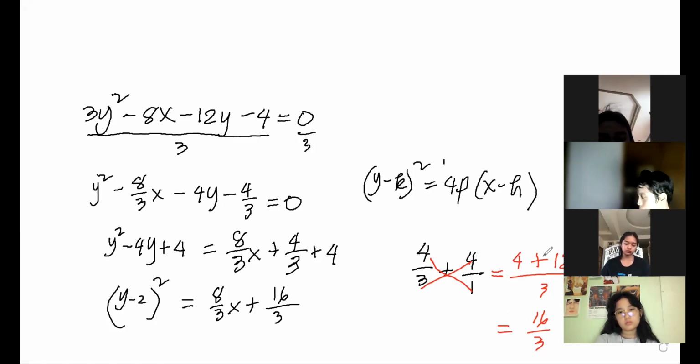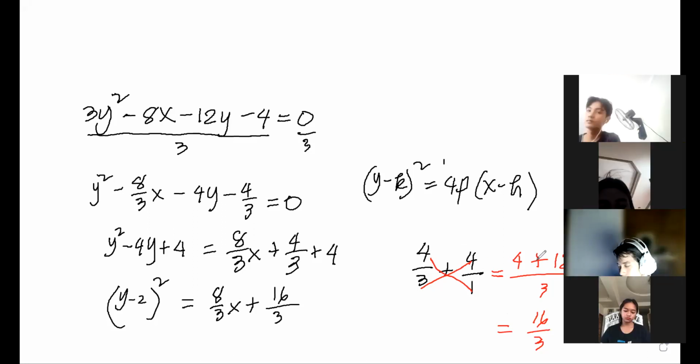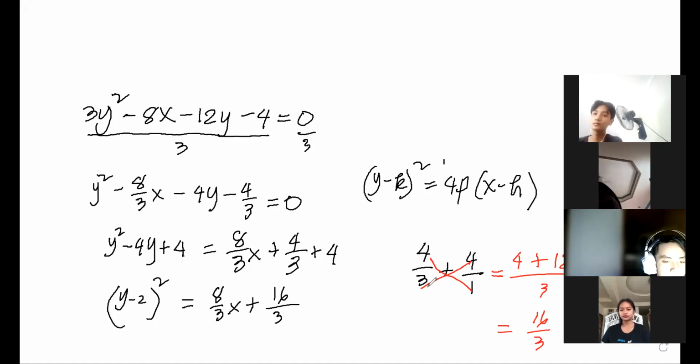Whatever is the sign, you copy. If that is plus, that is plus. If that is minus, that is minus. For the denominator, you multiply the two denominators, that is 3. And that is 16/3. Is it the same with this?